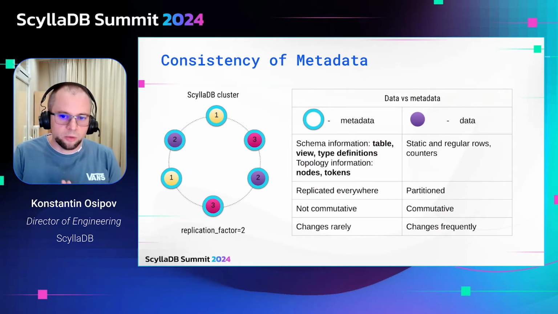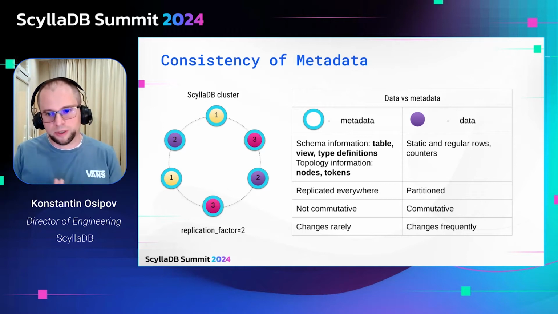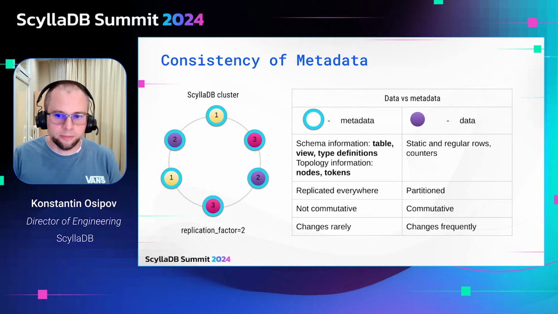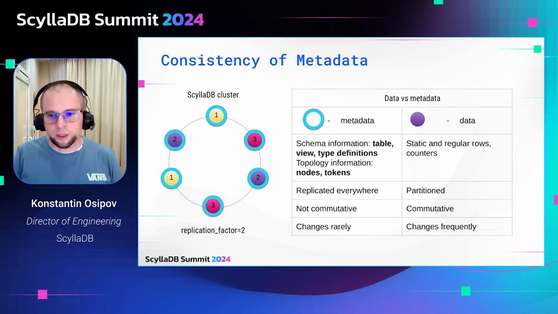A while ago, we observed that Scylla, while being part of the Cassandra family, has two types of data: the user data and the data about data, which we call metadata. It's the schema definition, the state of the cluster, who the members of the cluster are, the format of the tables, and so on. These are two different kinds of information.